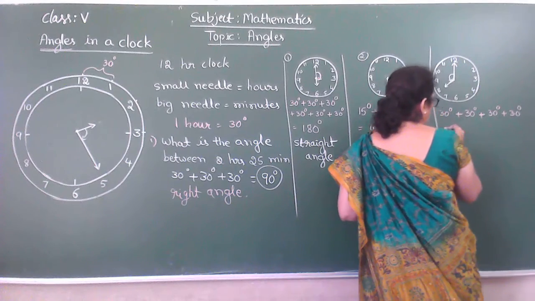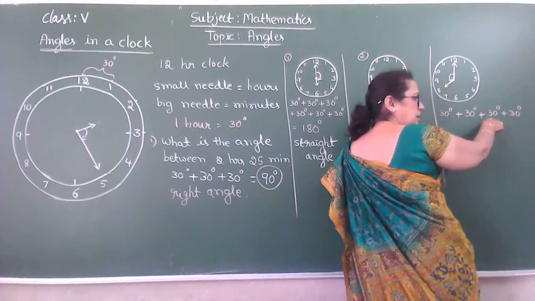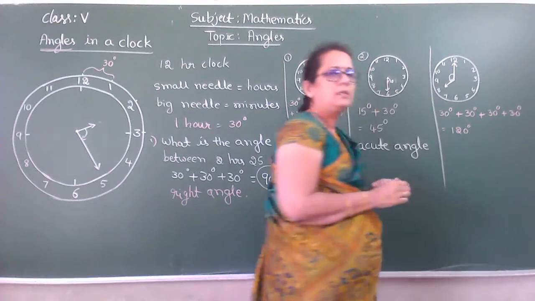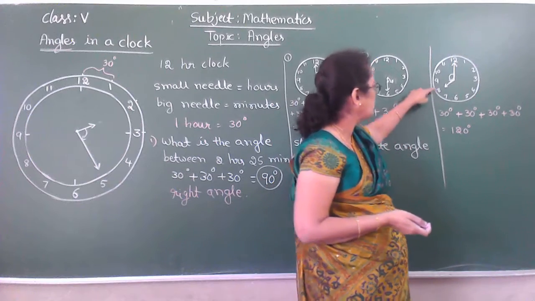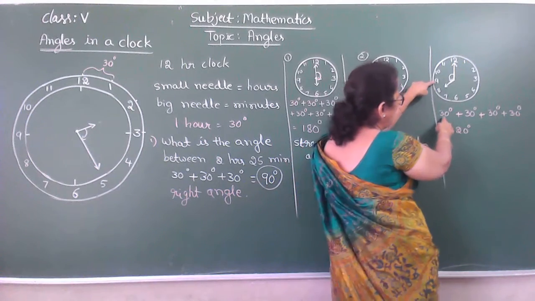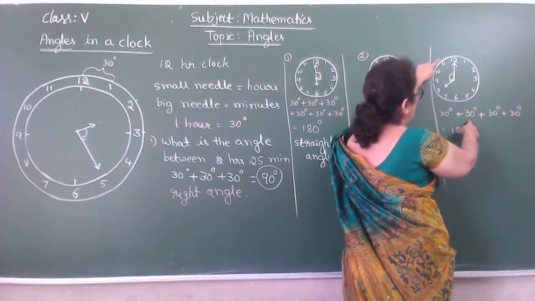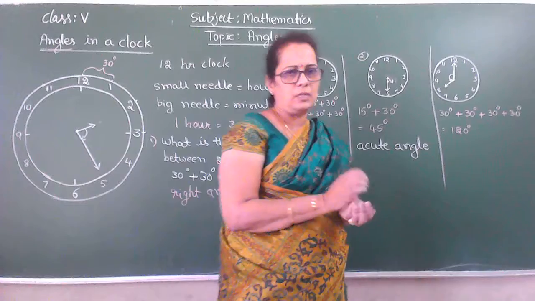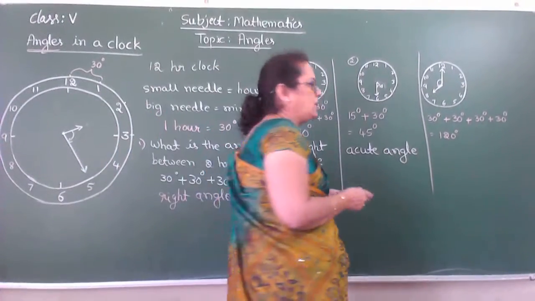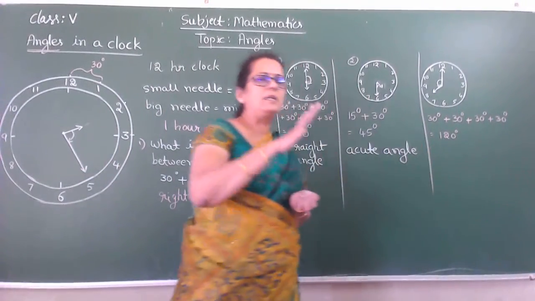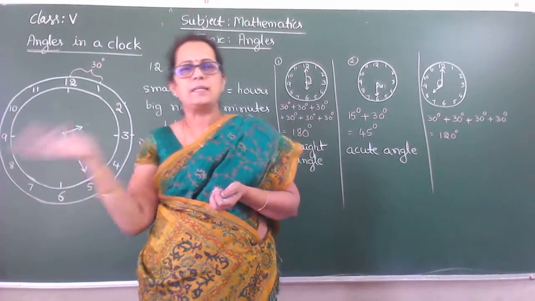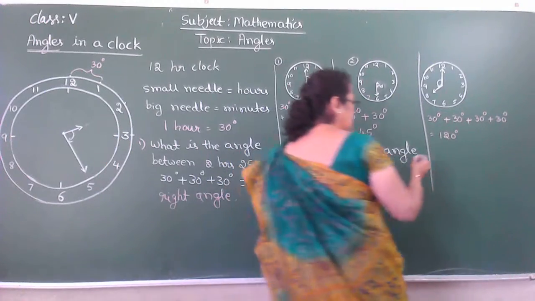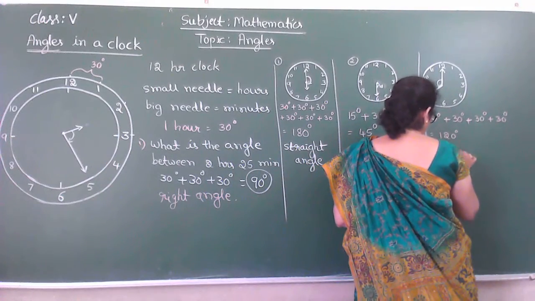Yes, you add it: 60, 90, then it is 120. Why have we taken 4 times? See, 8 to 9, 9 to 10, 10 to 11, 11 to 12, 30 degree each. So you total it, that is 120 degree. So if the angle is more than 90 degree and less than 180 degree, which type of angle is this? This is obtuse angle.